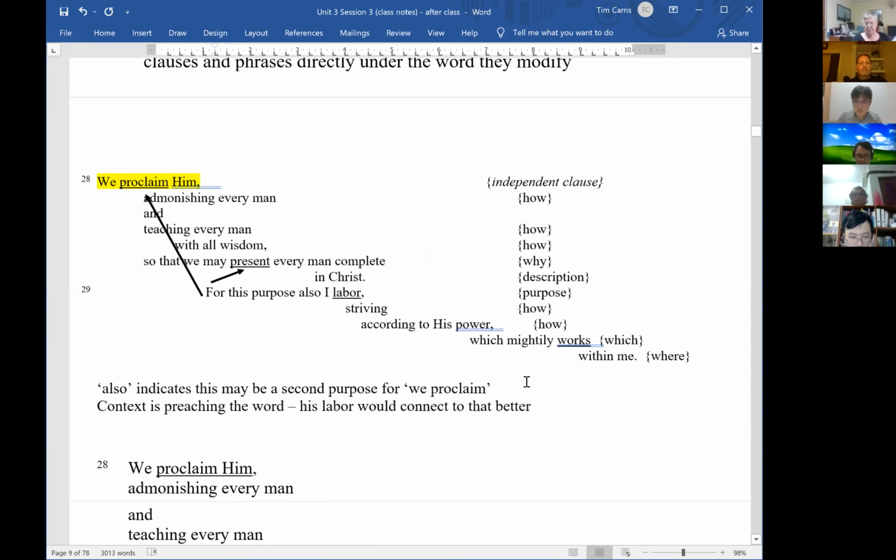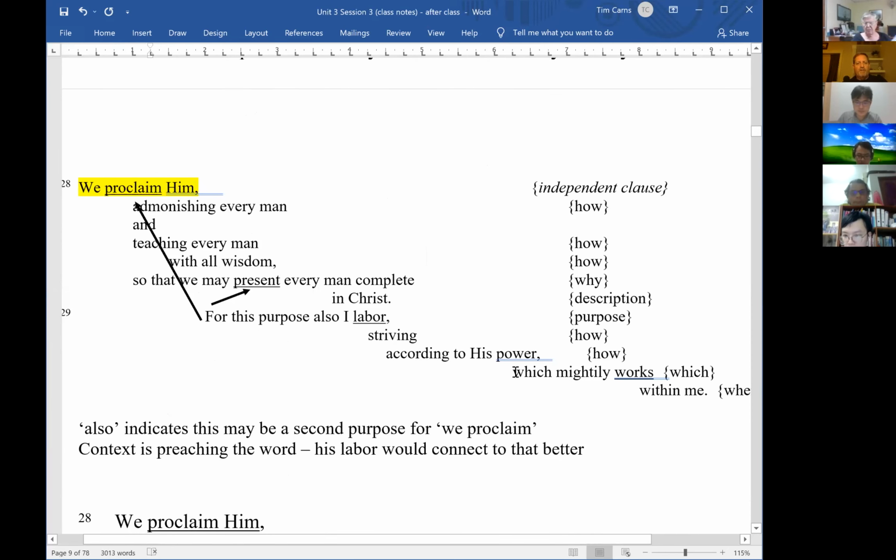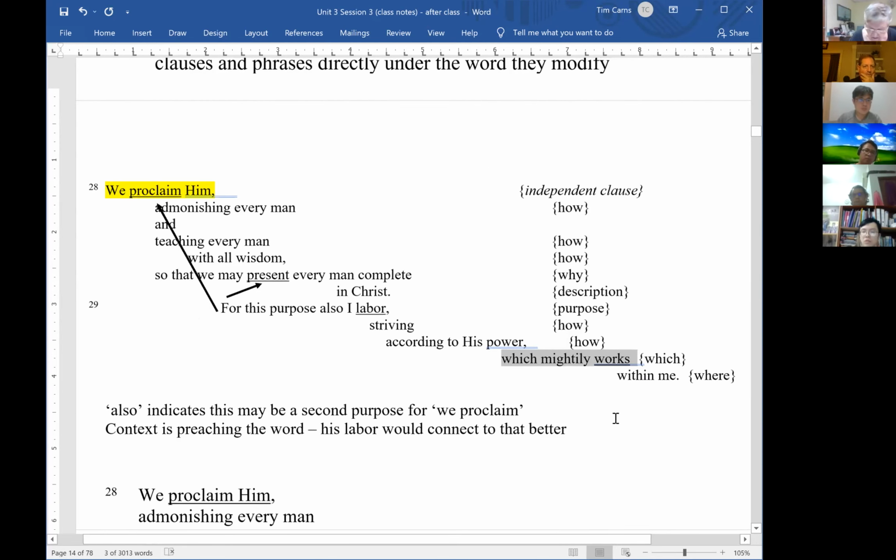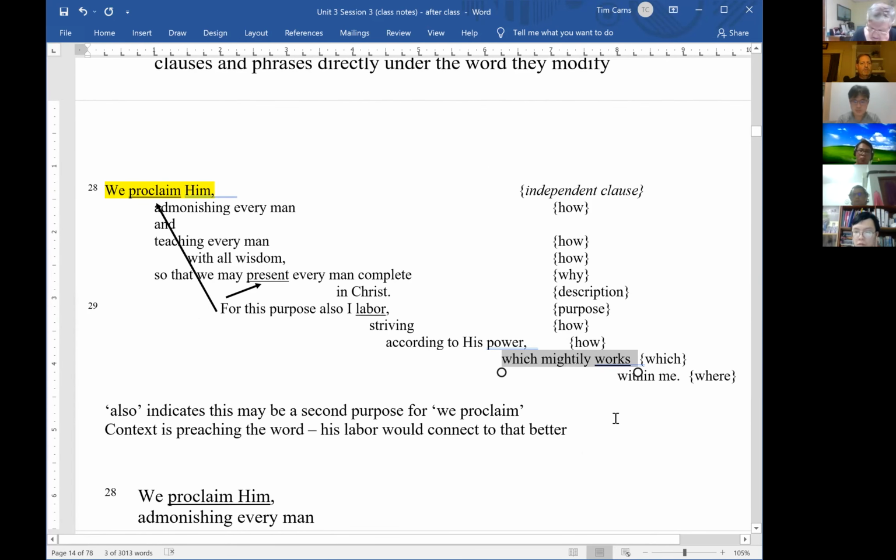So it's still going to modify power in this case. It's describing which power, but it is a clause. All right, great catch. Any other questions, comments, or corrections that you see here?